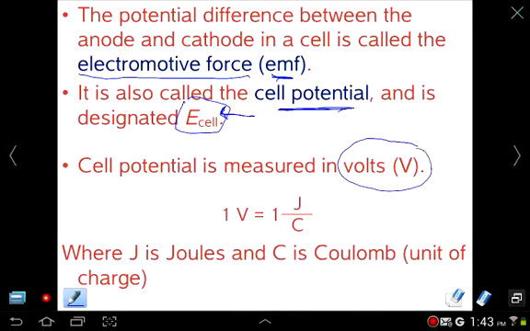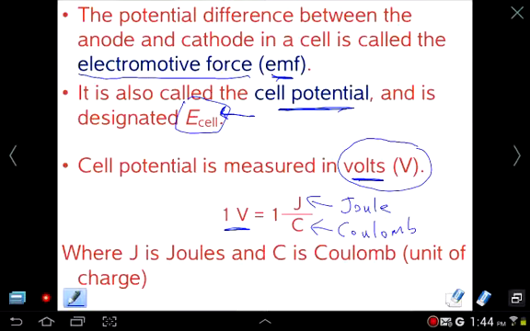You may have heard of volts before, but let's define volts, as we'll be using volts throughout this chapter. A volt is actually a joule per coulomb. A coulomb is a unit of charge, and a joule is a unit of energy, if you recall.